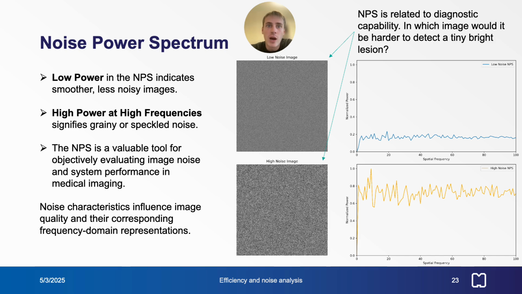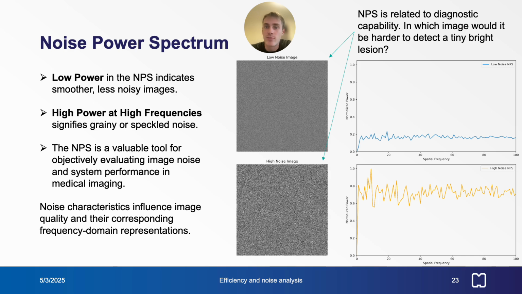So a low power in the NPS indicates smoother, less noisy images, whereas a high power at high frequencies signifies grain or speckled noise. The NPS is a valuable tool for objectively evaluating image noise and system performance in medical imaging. These plots demonstrate how noise characteristics influence image quality and their corresponding frequency domain representations.